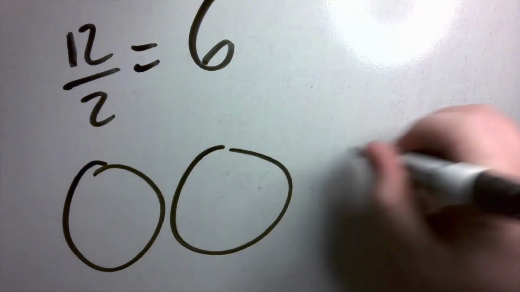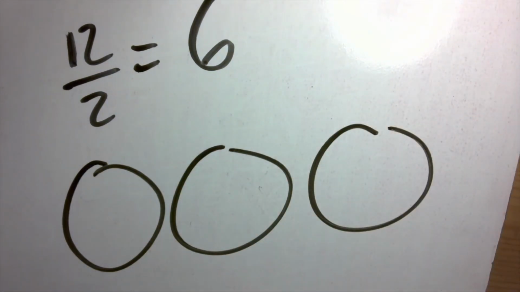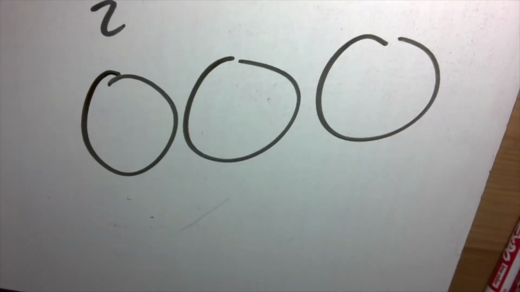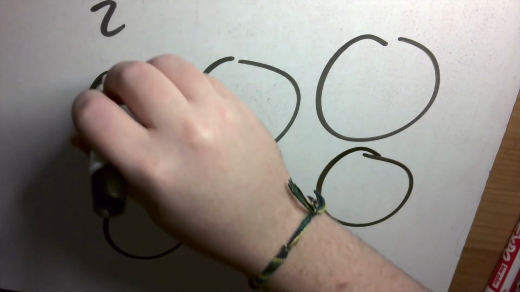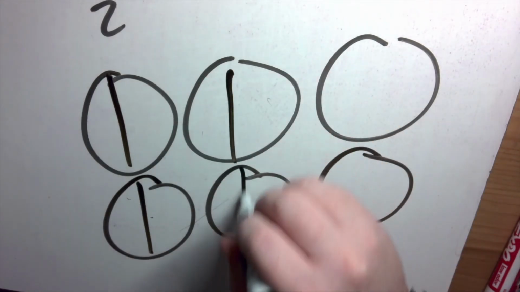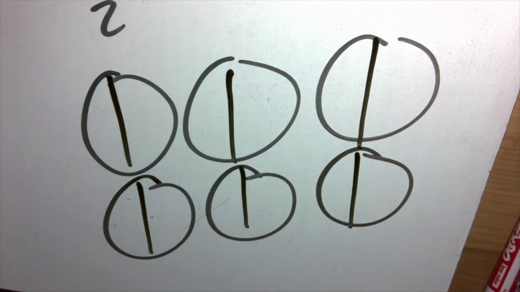1, 2, 3. I drew those kind of big. Here, anyways, we'll bring it down just a little bit farther. 4, 5, 6. Cut them all in half. And guess what?